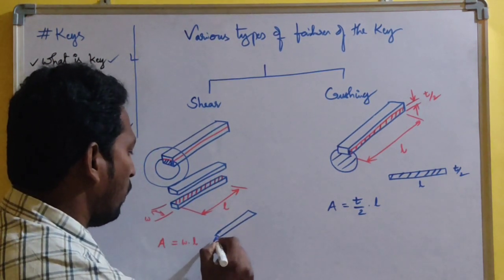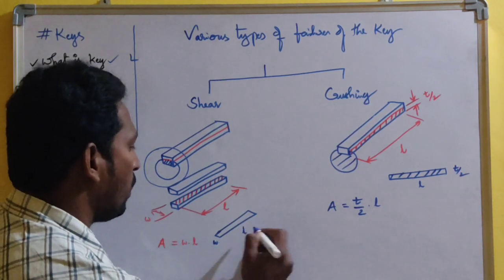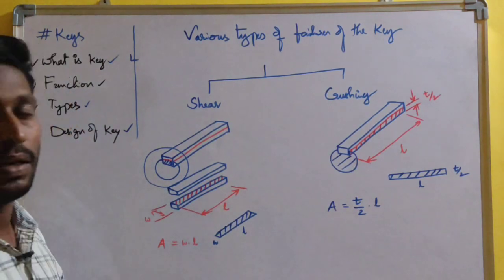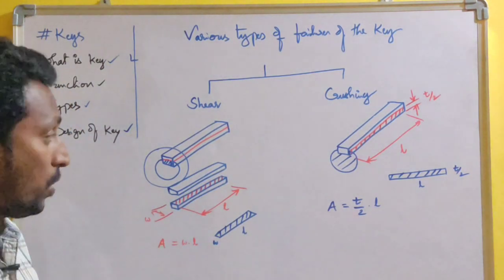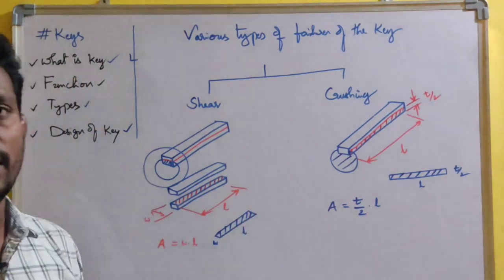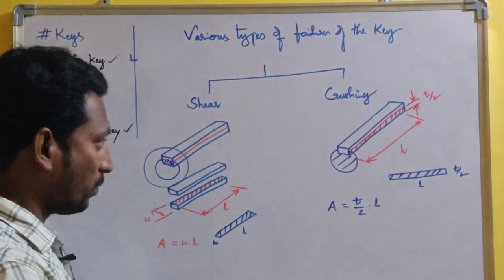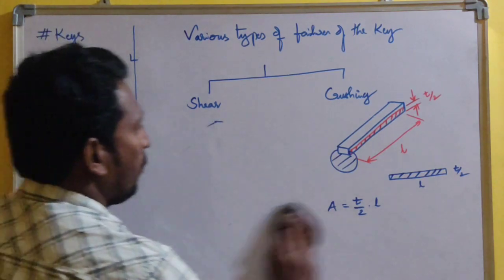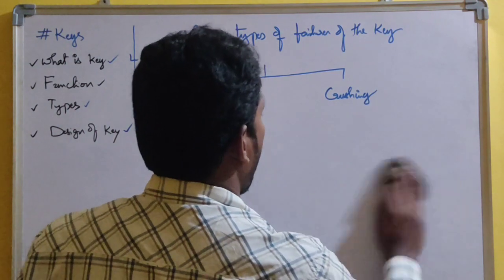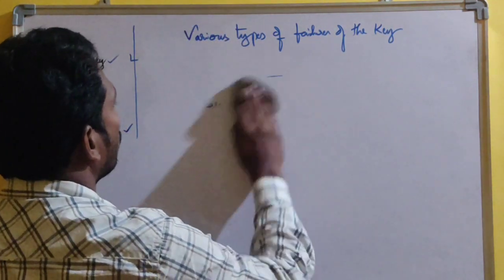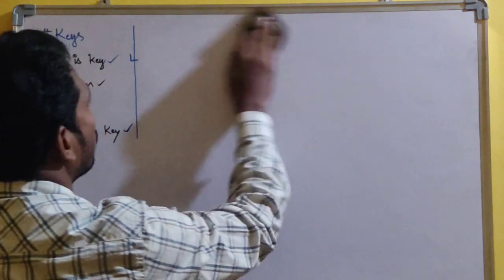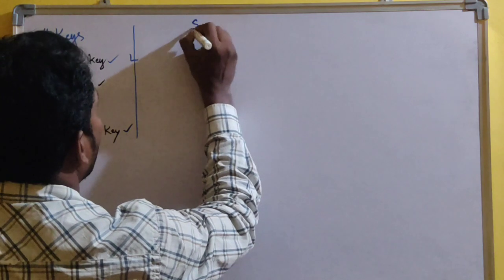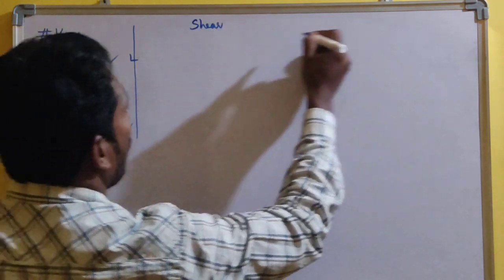This dimension is the width, and this dimension is the length, so the cross section area is W into L. From these two relations we can formulate the equation. So here we have two relations, according to the shear and according to the crushing.